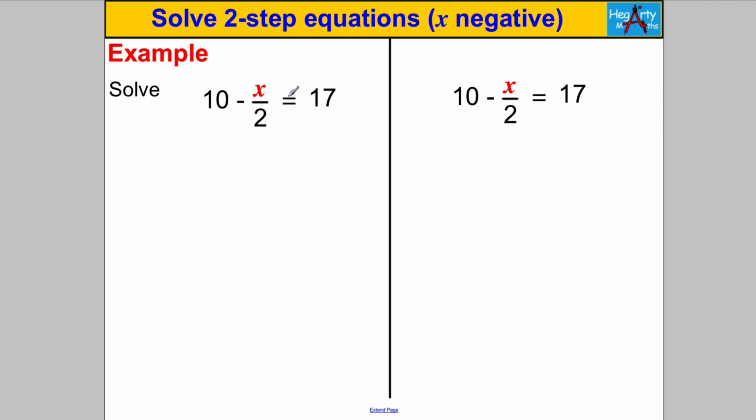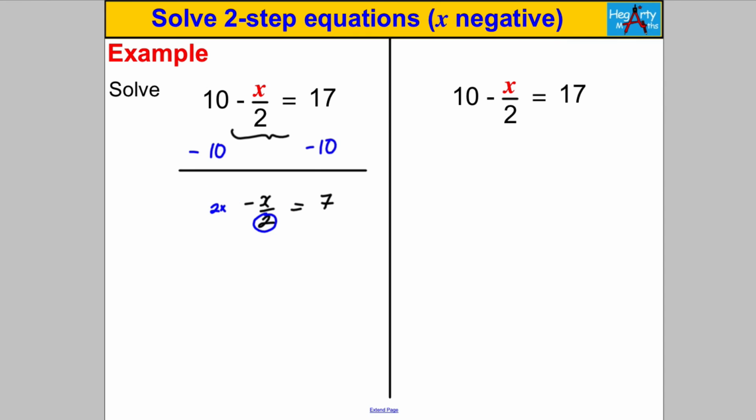Okay, first way of doing it, I'm trying to get x by itself, so I'm going to subtract both sides by 10. Therefore, on the left hand side, I'm going to get left with negative x over 2 is equal to 17 subtract 10, which is 7. Now, at this stage here, I'm going to have to multiply both sides by 2 here to undo this divide by 2.